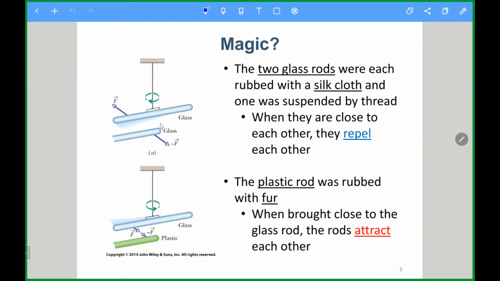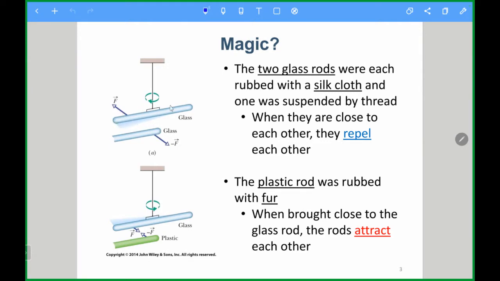Then we have another glass rod. We use a steel cloth to rub this one, and also this one, and then we put this one close to the other one.